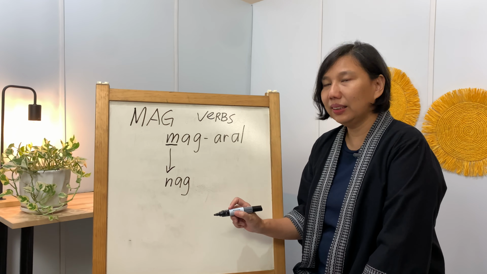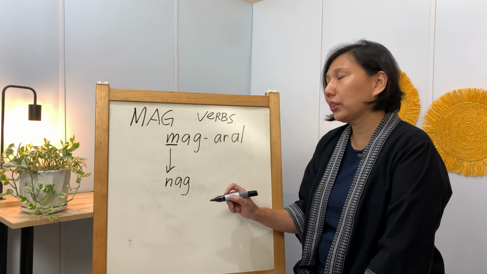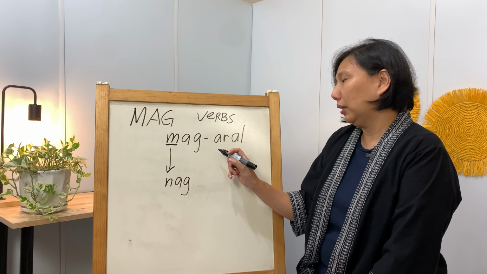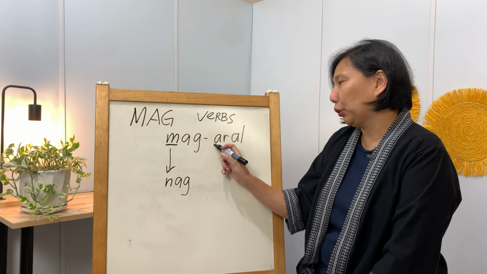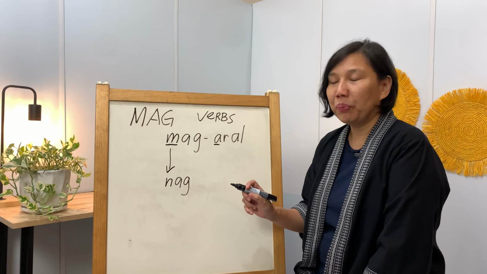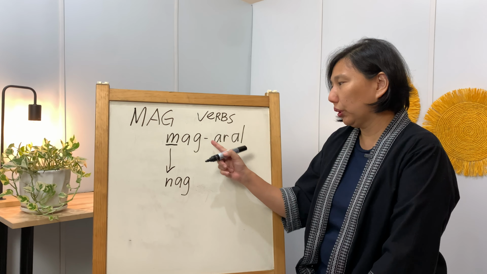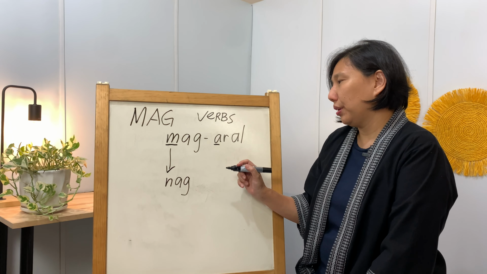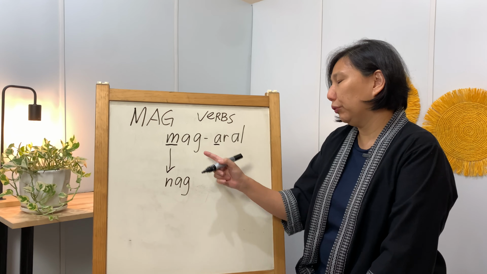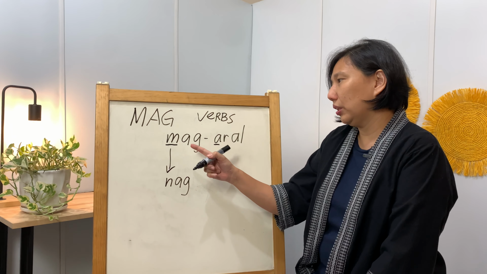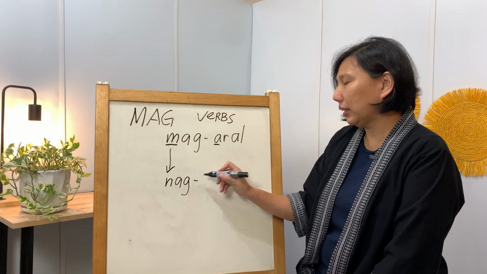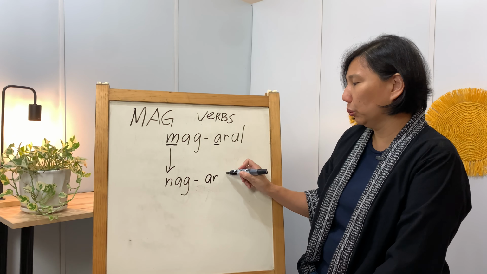Nag, and then I just copy the entire verb root. Again, aral is a verb root that begins with a vowel, so I need to put a hyphen. So to change the form from infinitive to past, I change M to N. Mag becomes nag, and then I attach the verb root.